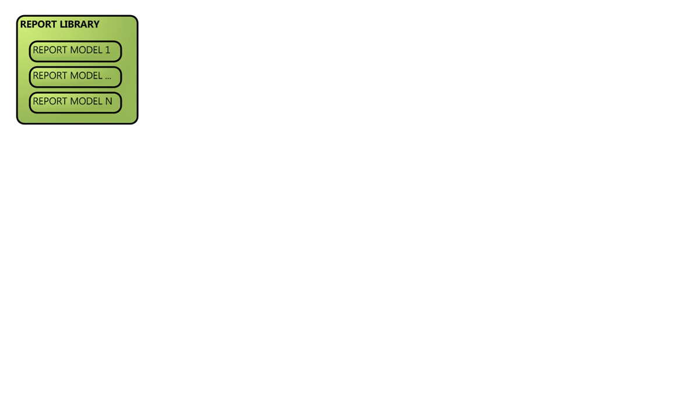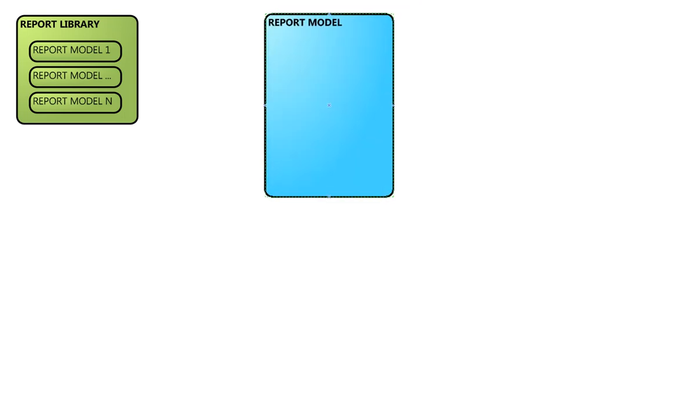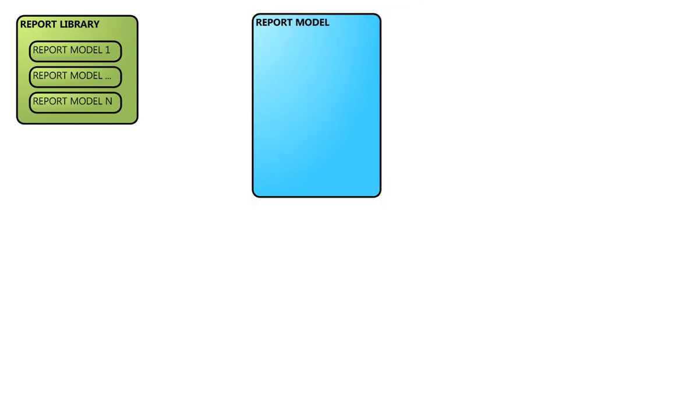And what is in a report model? A specific one, right? Let's draw an arrow here. Let's just draw to one of these. What is in a specific one? Well, there are 5 things, right? And you saw those in the nodes in the Visual Studio. The first is a collection of data sets, okay?